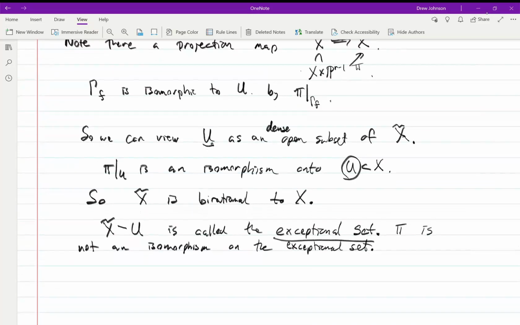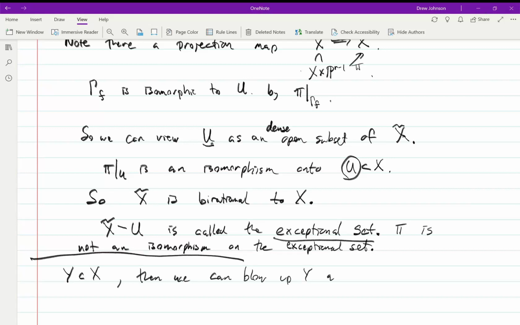Let's think now of Y, a subvariety of X. So this is kind of a new thing here. Let's think of Y, a subvariety of X. Then we can blow up Y at the same functions, f1 through fr.